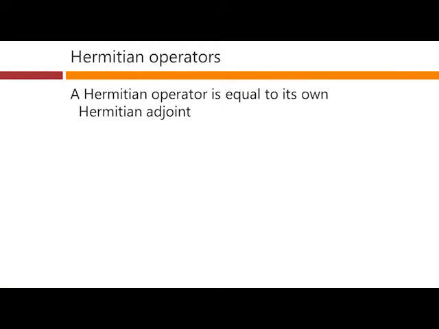A Hermitian operator is one that is equal to its own Hermitian adjoint. So, simply stated mathematically, a Hermitian operator is one that has the following property: its Hermitian adjoint is the same as the operator itself. Note, this is not the same as a unitary operator.